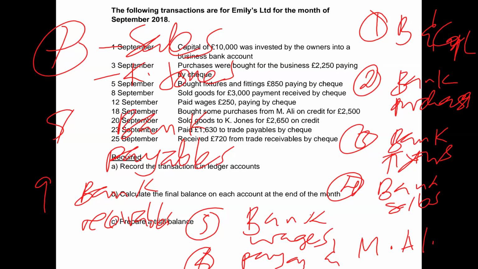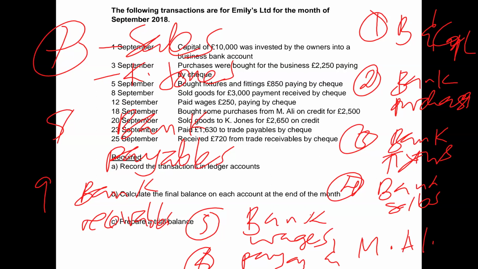I'm hoping you have not missed any transaction that involves bank because it will not balance. So the first transaction, let's just go through them one more time quickly. The capital of 10,000 was invested by the owners into the business bank. Our bank is receiving capital.